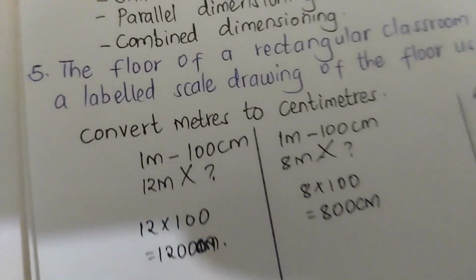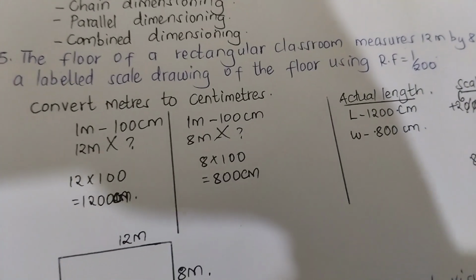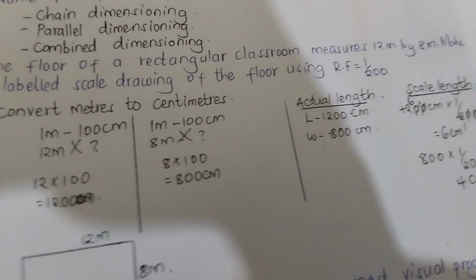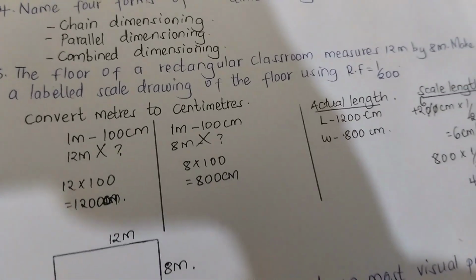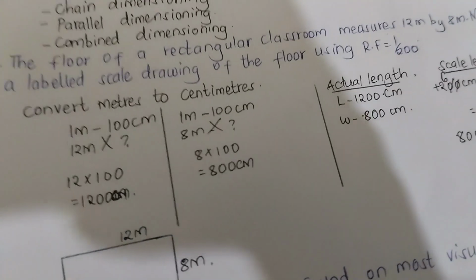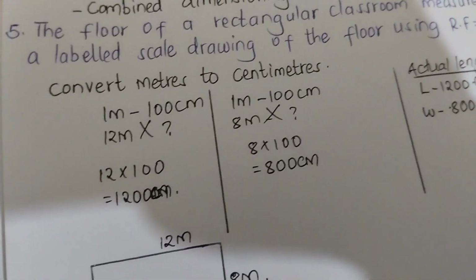And then the fifth question reads that the floor of a rectangular classroom measures 12 meters by 8 meters. Make a labeled scale drawing of the floor using the representative fraction 1 over 200. So what do you do first when you get such a question?